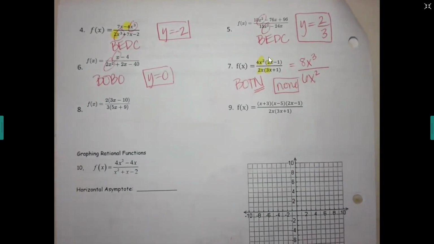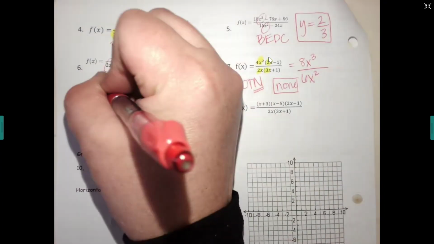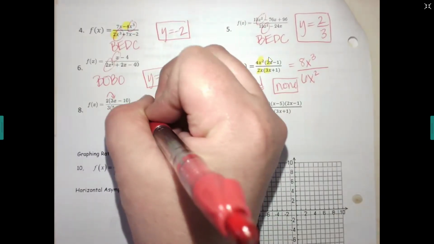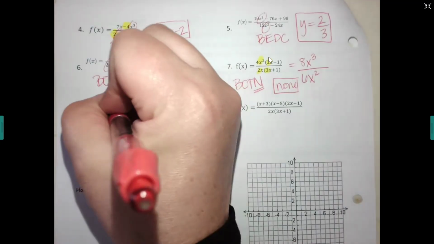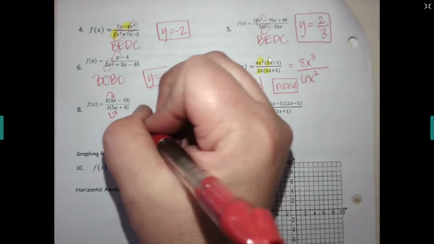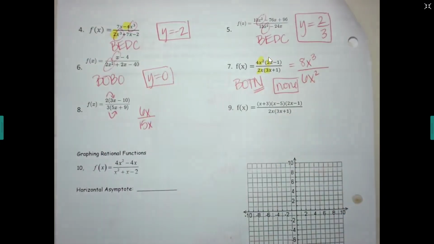Number 8, what is my top x going to be if it were timesed out correctly? 2 times 3x is a 6x. On bottom, what would it be? 15x. And then remember, x versus x, that's a bed C because the x's are the same.